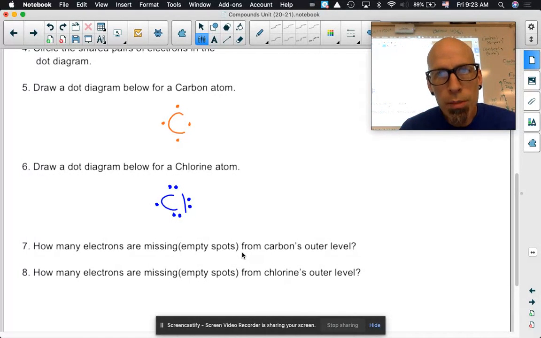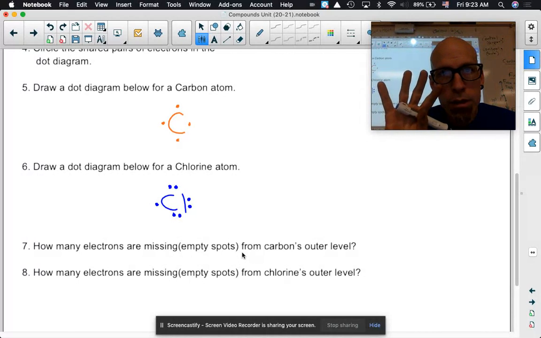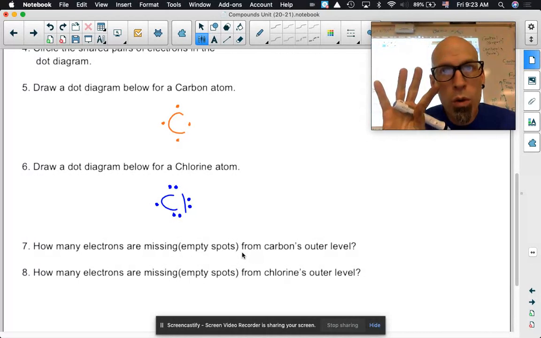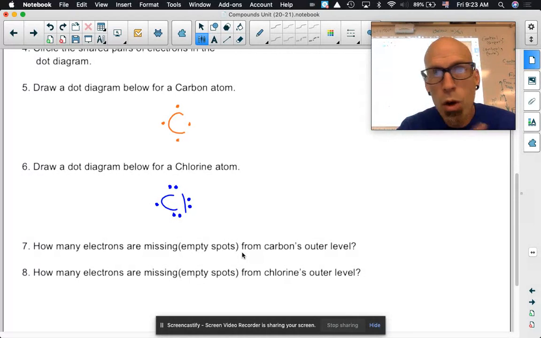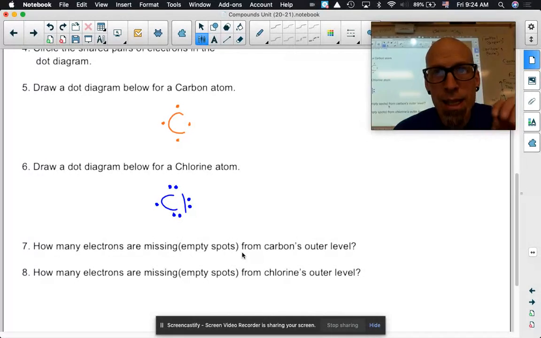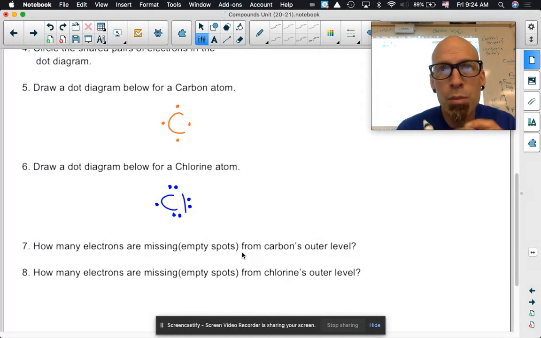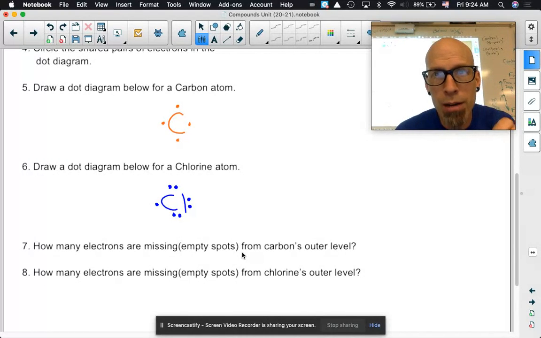So carbon has only 4 valence electrons, which means there's 4 spots where another electron needs to be. Because remember, the whole goal here, whether through ionic bonding or covalent bonding, is that these atoms are trying to complete an octet. They want an octet. And so the carbon atom needs 4 more.